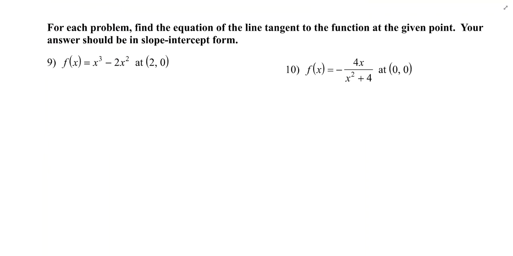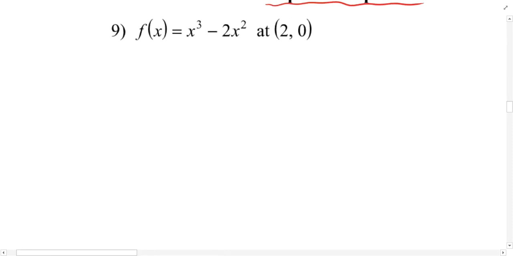For the next collection of problems, we need to find the equation of the tangent line at a particular point, and we should report our answer in slope-intercept form. So let's recall that the derivative function is going to be very important to find the slope of the tangent line. So the derivative function in this case is 3x squared minus 4x.